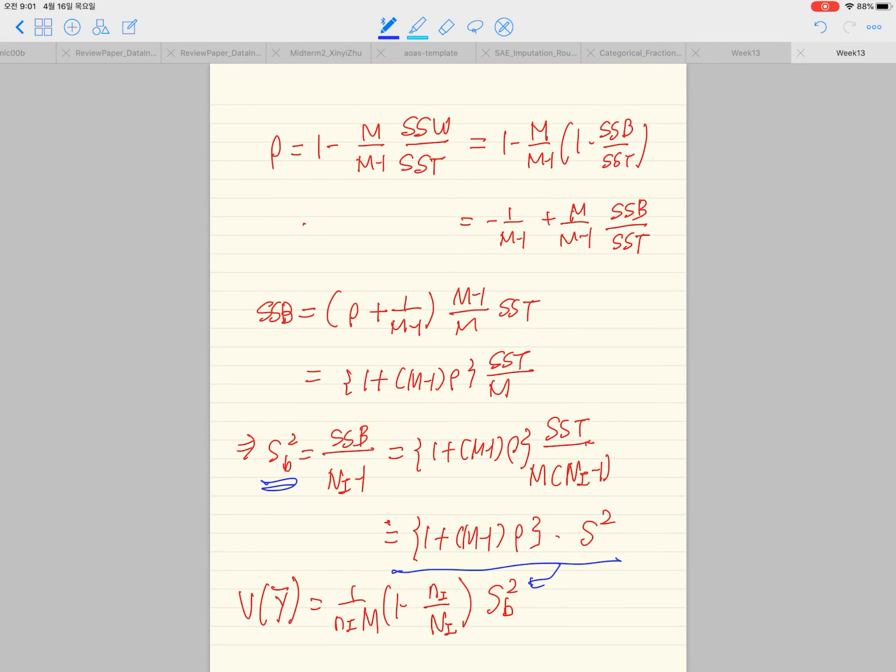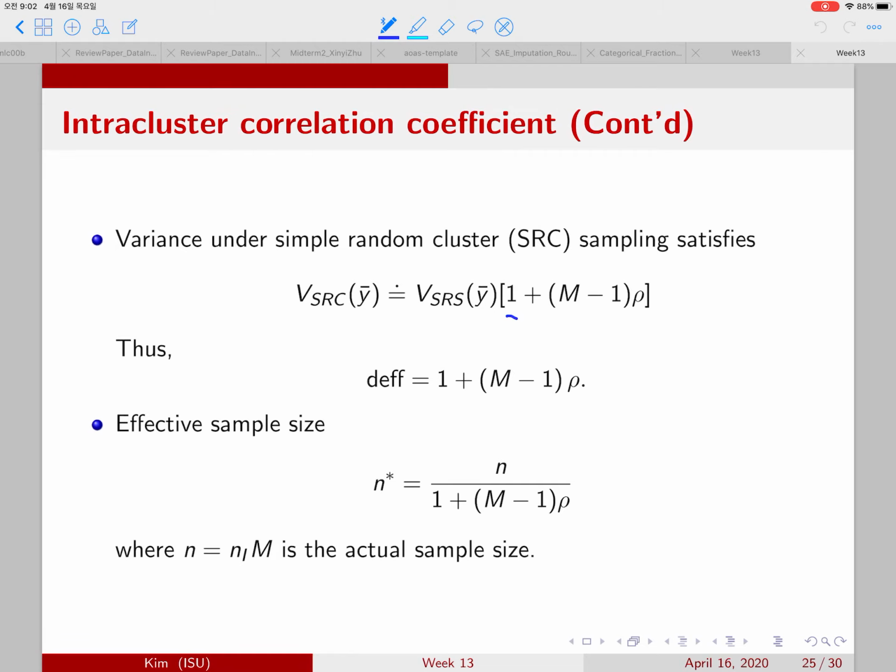So then we can just use this one instead of this one, right? So that basically gives you, if you use this, the variance under simple random sampling of y bar times this factor, times 1 plus M minus 1 rho. Okay, so that's exactly this one.